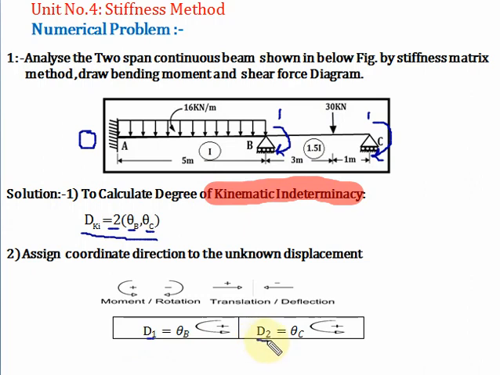As we know the sign convention, if the moment is in anti-clockwise direction we consider it positive, clockwise negative, and translation towards right is positive and towards left is negative. These are the sign conventions.